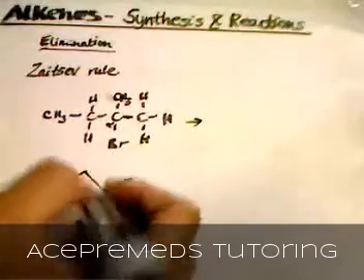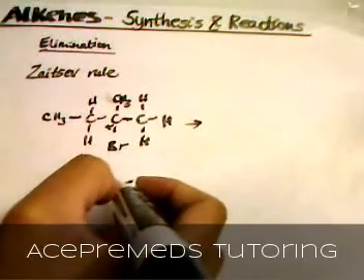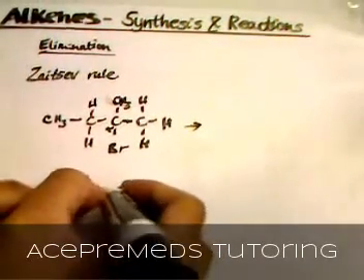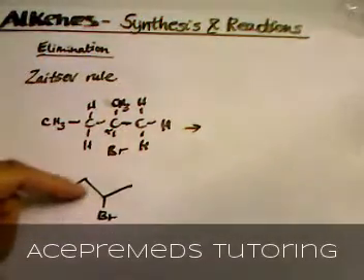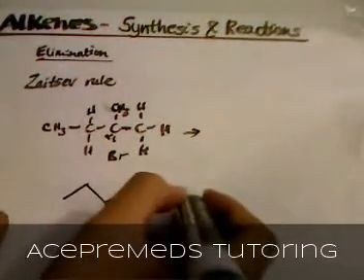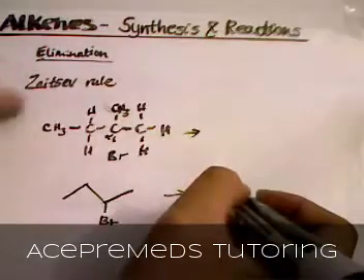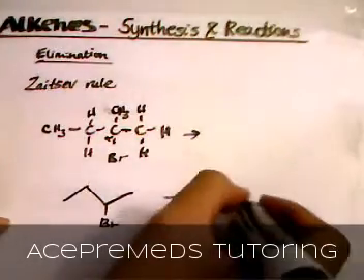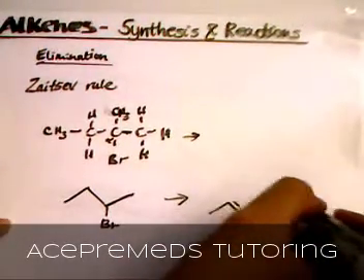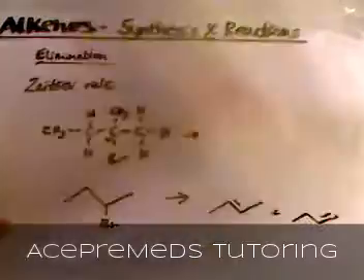And so far, this is the carbon bearing the Br. The double bond could form here, or the double bond could form there. And generally, the Zaitsev rule tells us that the more substituted alkene is preferred, so the double bond that's there will be preferred over the double bond that's there.